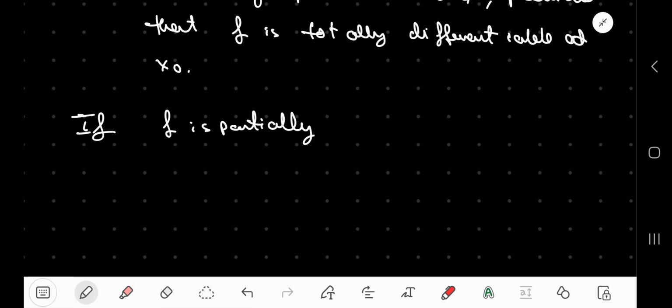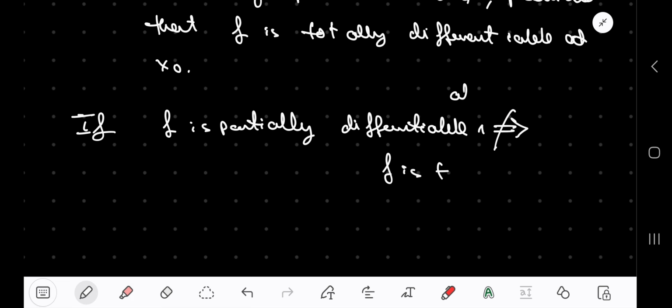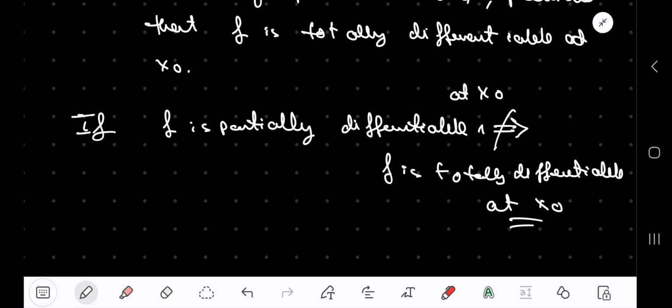Then it will be differentiable in every direction of the standard vectors, but it's not differentiable at the origin. So partially differentiable at x0 does not imply totally differentiable at x0.